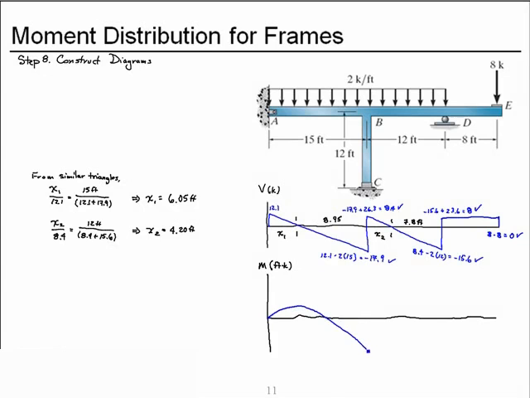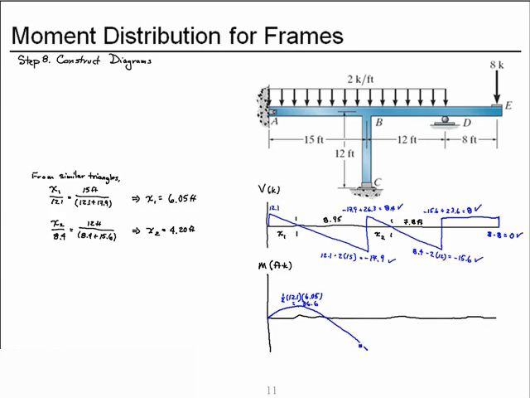So our moment diagram will look something like that initially, and the value at this point will be the integral of the area under this part of the shear diagram, which is 1/2 times the 12.1 kips times the 6.05 feet at x1, and that gives us a moment of 36.6 foot kips.